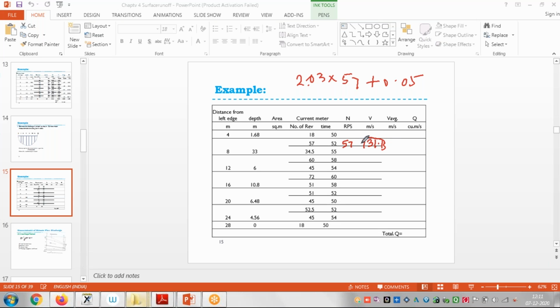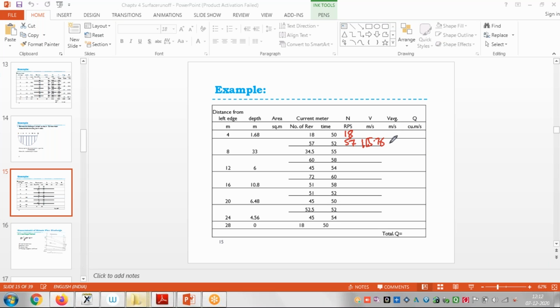This is not 115, it is 115.76. Right? This is 57. Here it was 18.